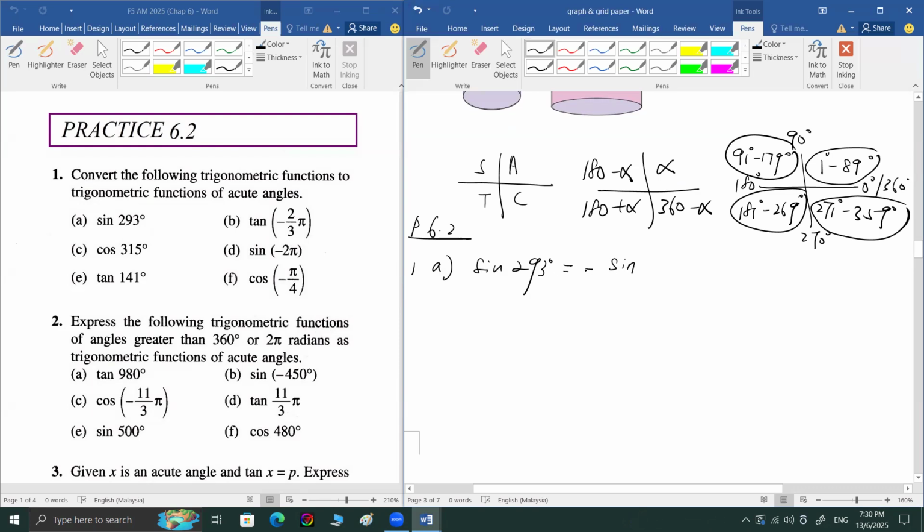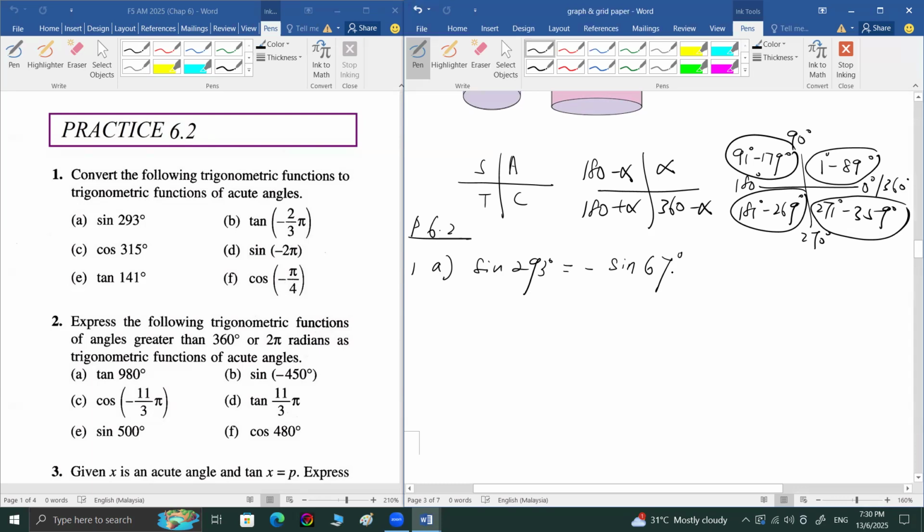Then to change it to acute angle, which means corresponding reference angle, you apply 360 minus 293, I got 67. The question just asked you to convert. It didn't ask you to find the value. You just leave it like this.